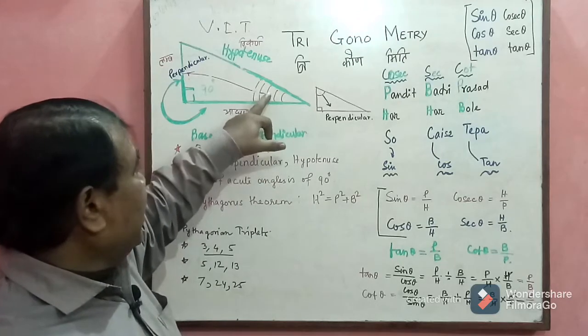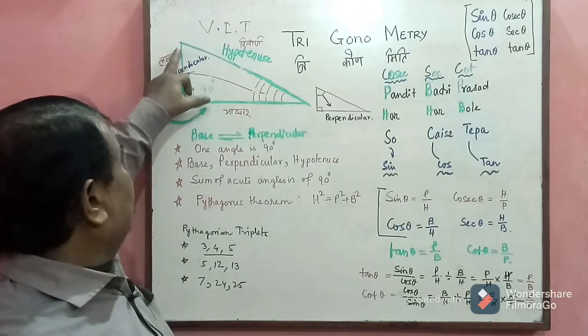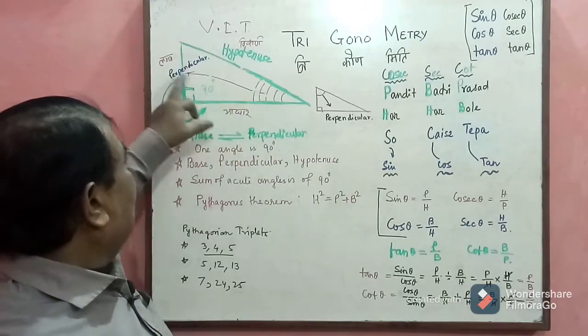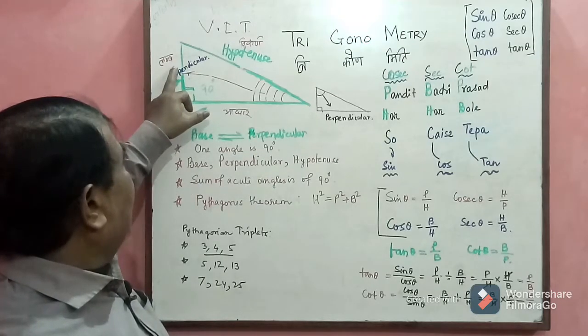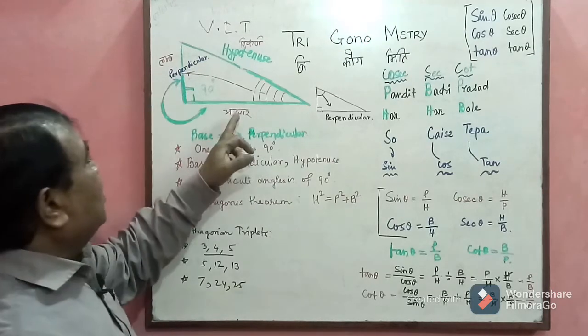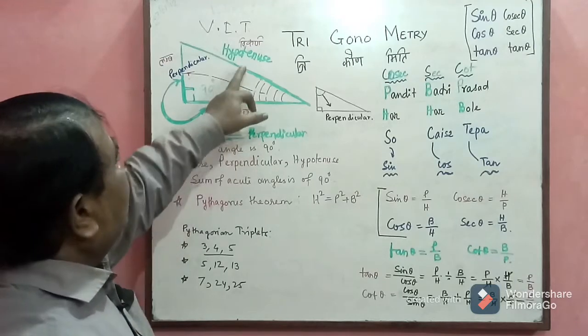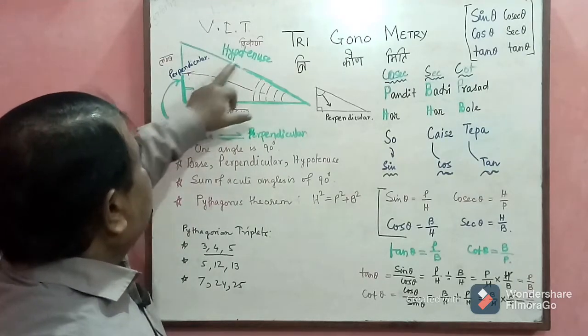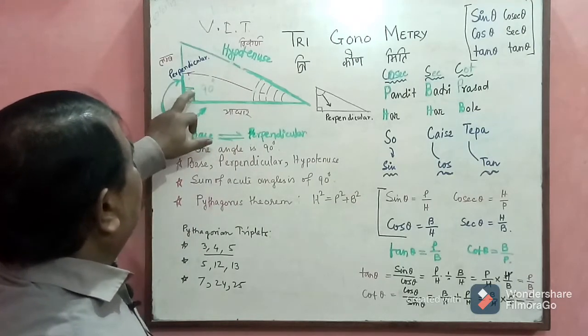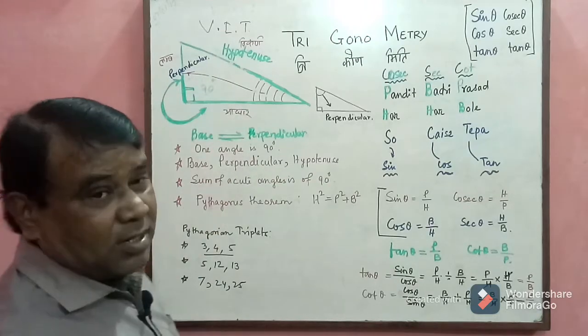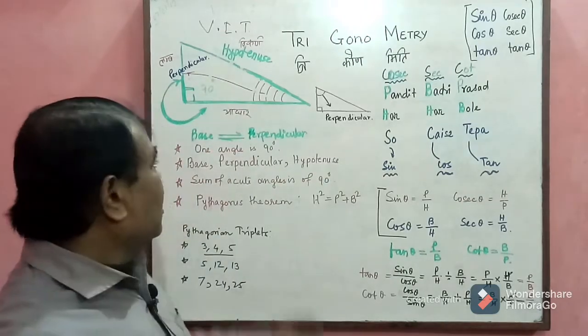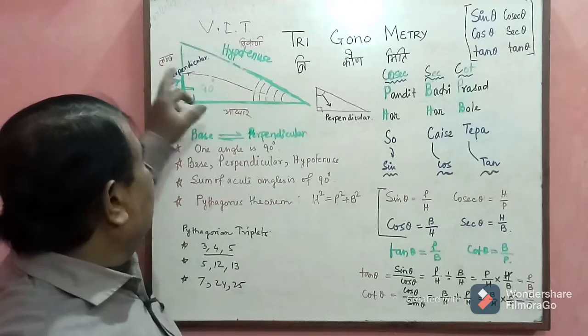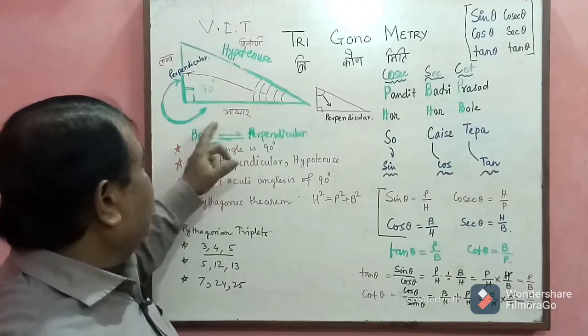If we consider this angle, this will be perpendicular, the opposite of this angle, and this will be the base. And obviously the largest side, opposite to 90 degrees, is always the hypotenuse. This remains constant, only perpendicular and base will vary.